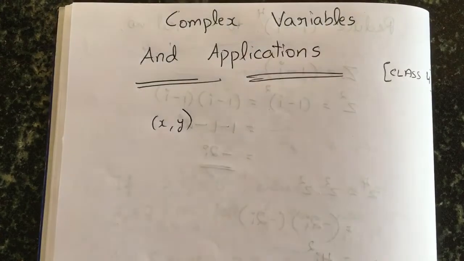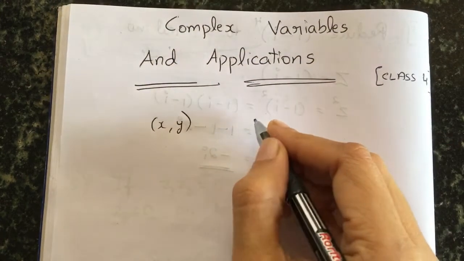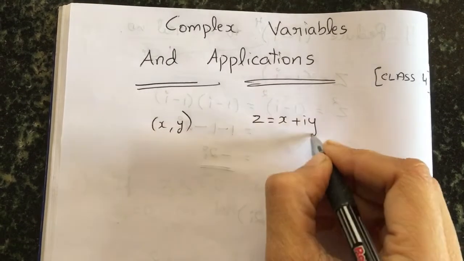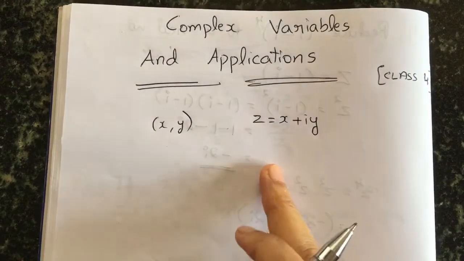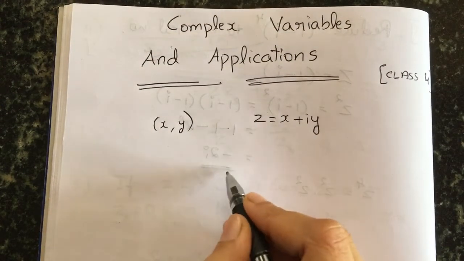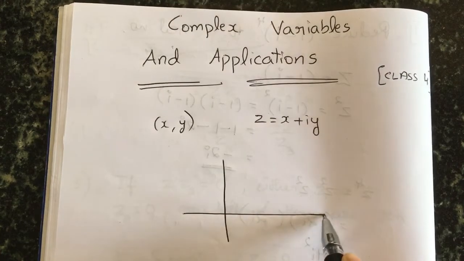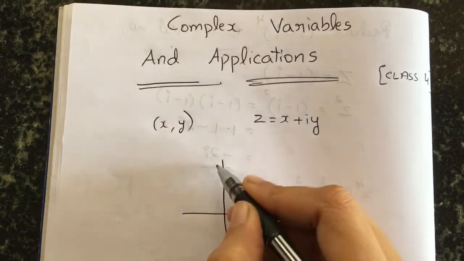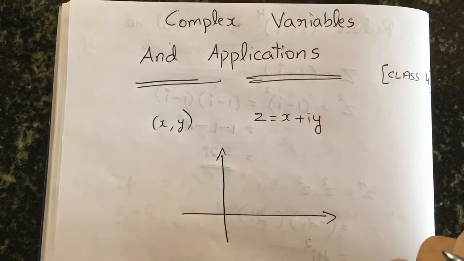We can associate any non-zero complex number, say z equal to x plus iy, with the directed line segment, or a vector, from the origin to the point (x, y) that represents z in the complex plane. In fact, we call that the Euclidean plane.